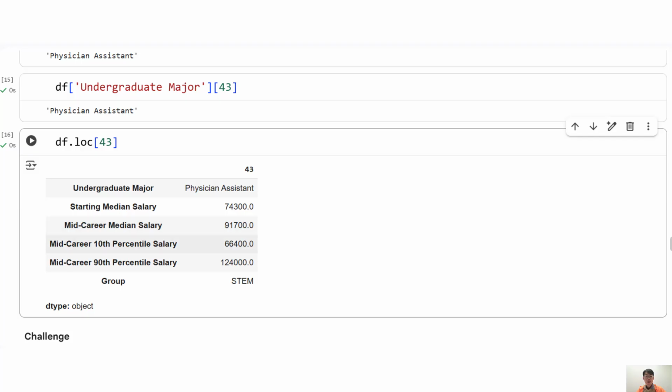Then mid-career median salary, mid-career 10th percentile salary, and mid-career 90th percentile salary. The 10th percentile salary is the lowest in their income pyramid, and the 90th percentile salary is the highest, like the tip of the pyramid.